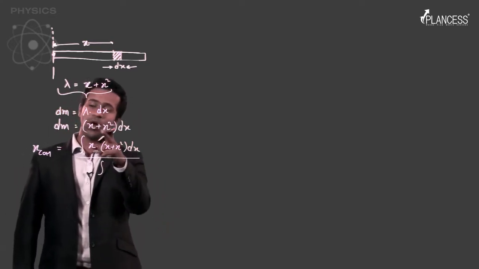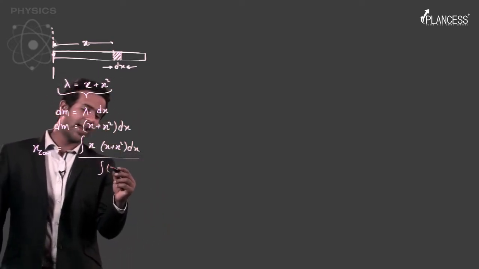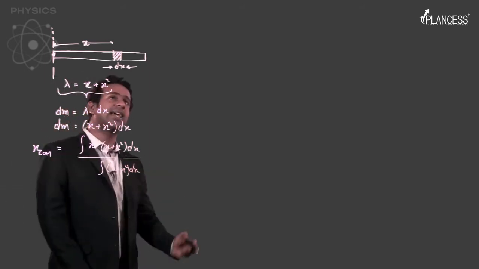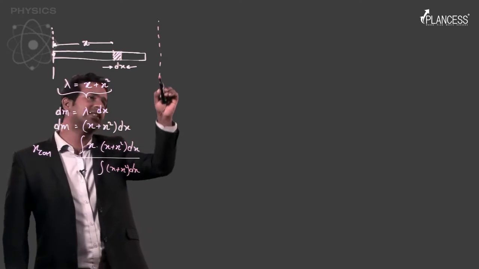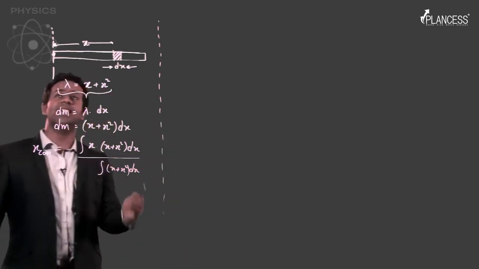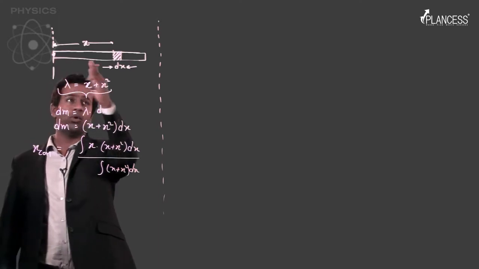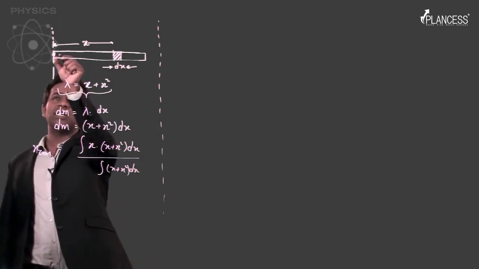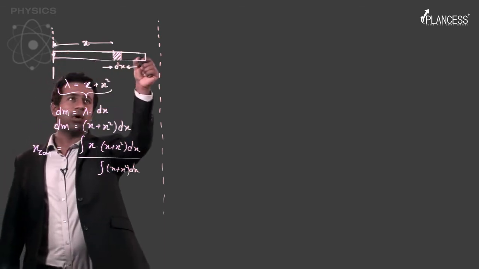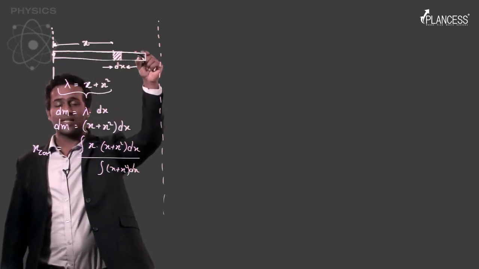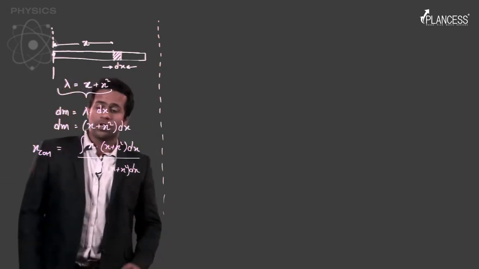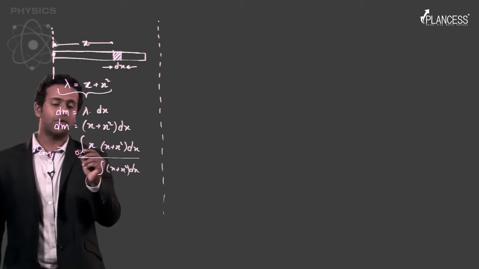Now dm we've already found is (x plus x square) dx. The next thing to do is to decide the limits. x will vary from 0 to L, because we'll start taking elements from this end and then take all the elements up to the last point, that is the other end. So the limits for x are 0 to L.